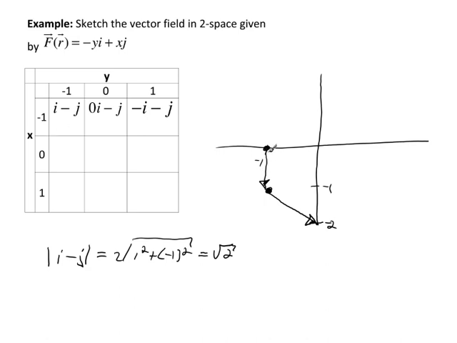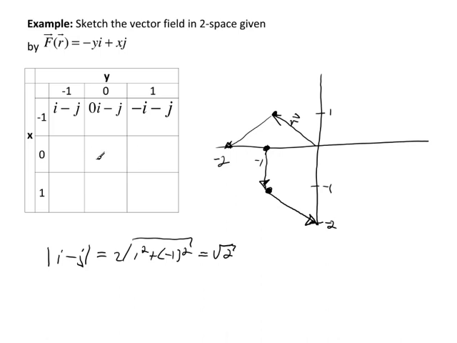When x is -1 and y is +1, so right here is going to be my initial vector. Well, if I'm thinking of this as r, now I'm going to go 1 in the negative direction for x and 1 in the negative direction for y. So I'm going to be down here, essentially at -2. So that's what my vector is going to look like.